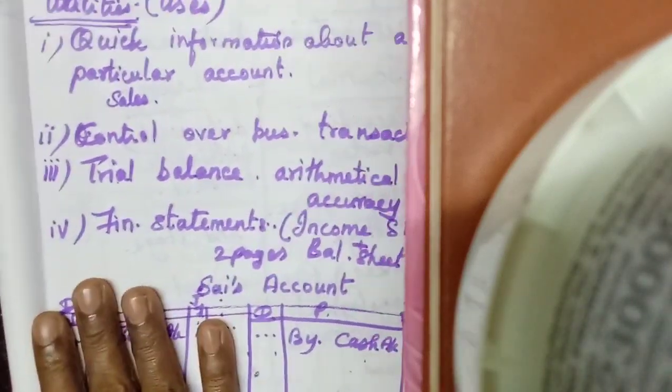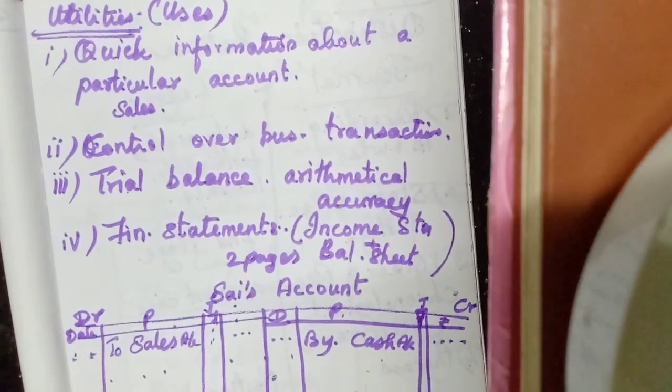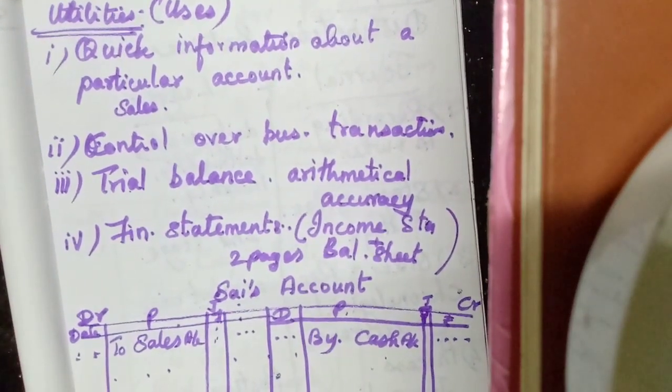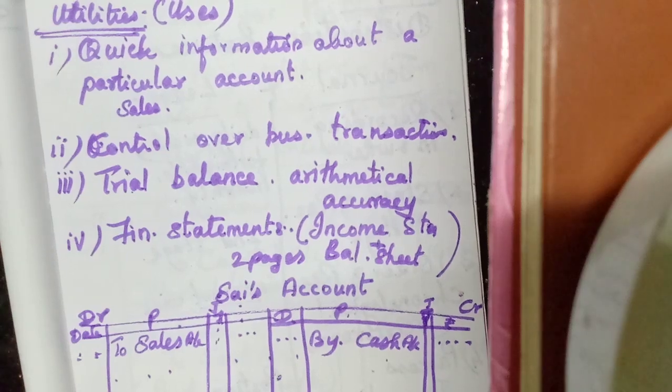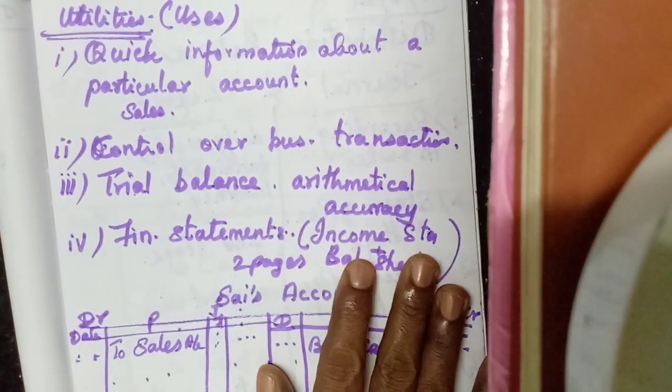Then control over business transactions. Here everything, all the transactions will be posted and we will come to know if a particular item shows more expenses or less income.